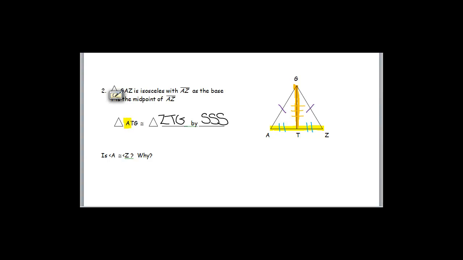If we have angle A right there and angle Z right there, since the triangles are congruent, their corresponding parts have to be congruent. So we definitely have proof that yes, angle A is congruent to angle Z. And again, let's use that acronym CPCTC, that the corresponding parts of the congruent triangles are congruent.